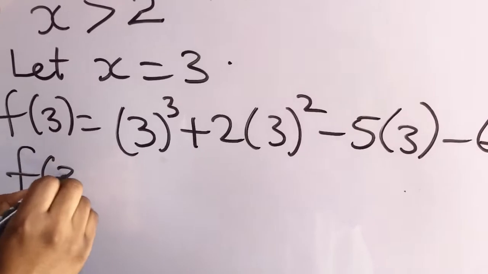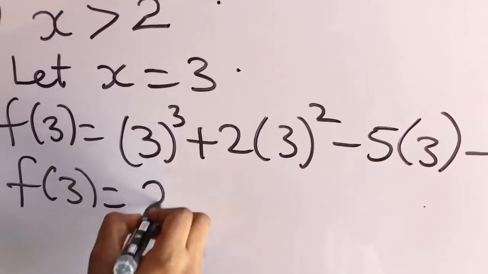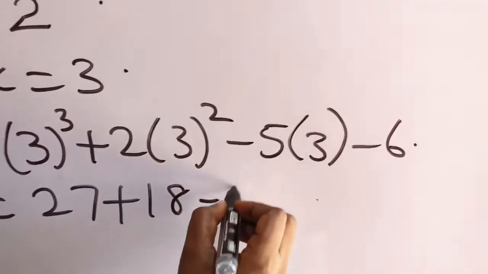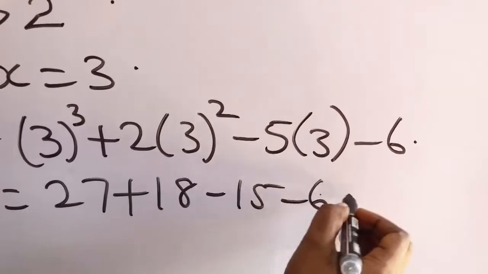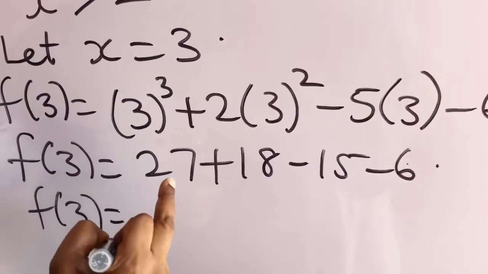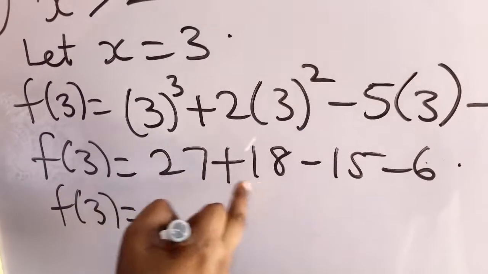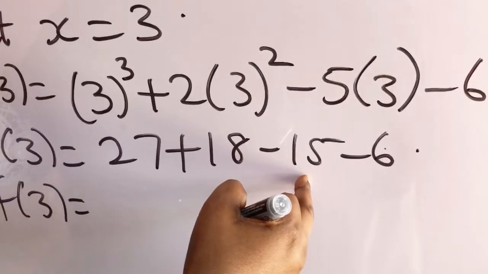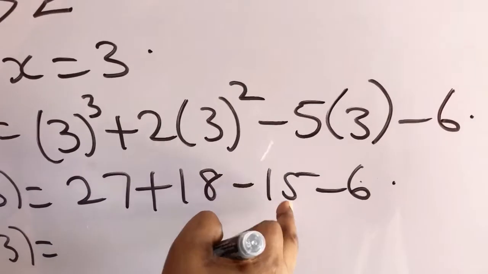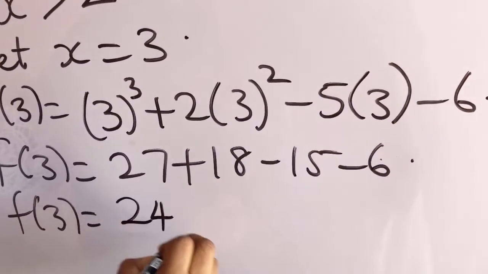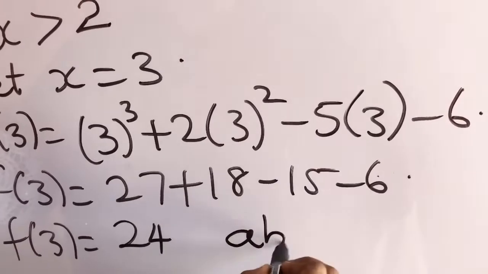So f of 3 will be equal to 27. Then this is 18 minus 15 minus 6. So f of 3 will be equal to 27 plus 18. That is 45. 45 minus 15 is 30. 30 minus 6 is 24. So that will be above the x-axis.